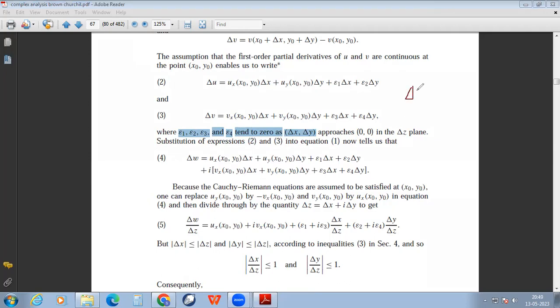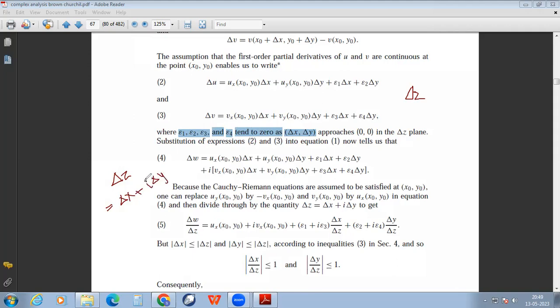This is delta z. Okay, just a minute. Yes. So if I talk about delta z, it is nothing but delta x plus I delta y.